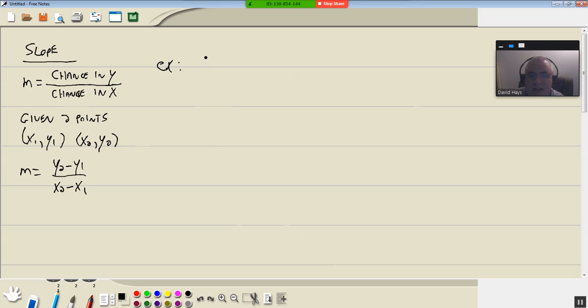For example, if I had, let's see, (3, 1) and (-5, 7). Given 2 points, this is my first point, so this will be x1, y1. This is my second point, so this will be x2, y2. We're going to plug them into our formula for the slope, if that's our instructions.